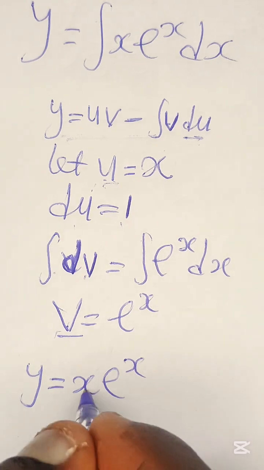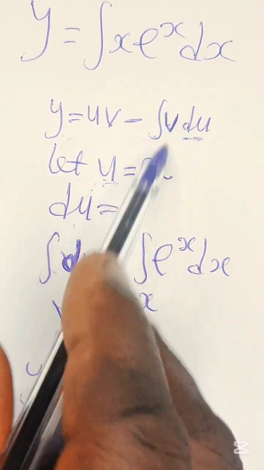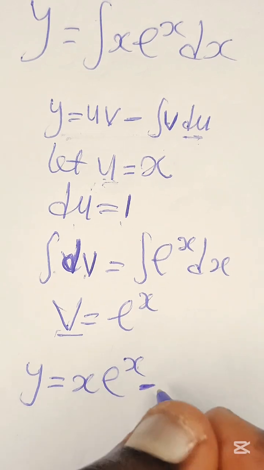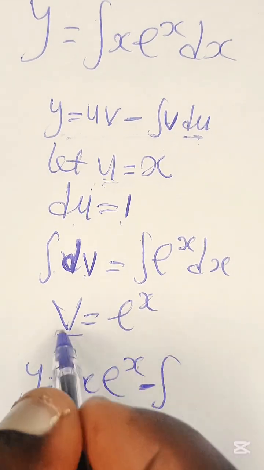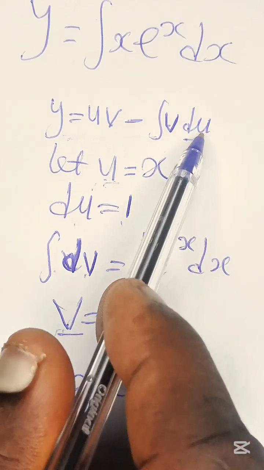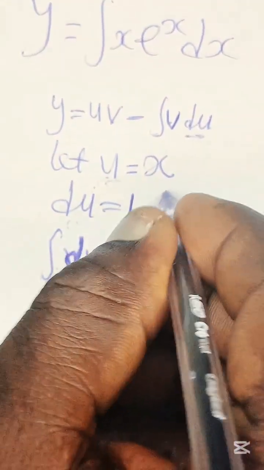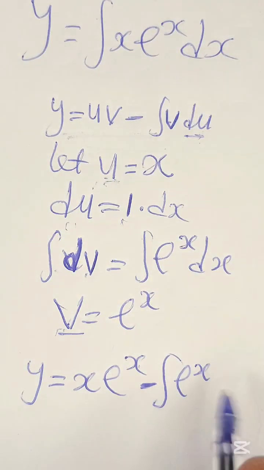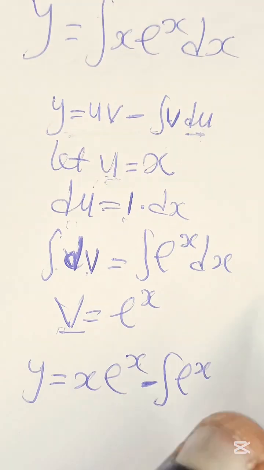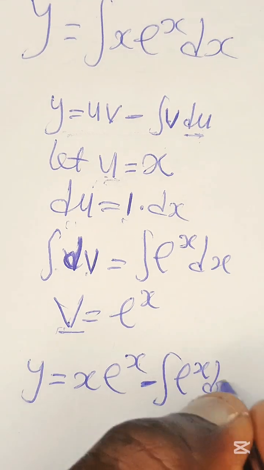So x e^x, then minus integral v is now e^x, du is 1 dx. Anywhere you see du, you add it as 1 dx.